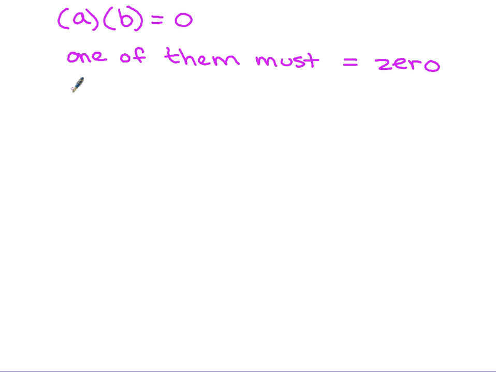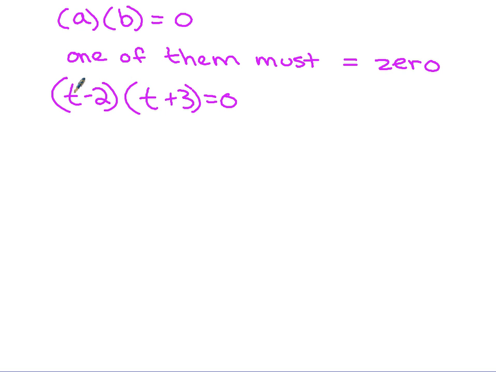For example, if you had t minus 2 times t plus 3 equals 0, that means that t minus 2 or t plus 3 has to equal 0. So what value of t could we put here or here to make this equation true?